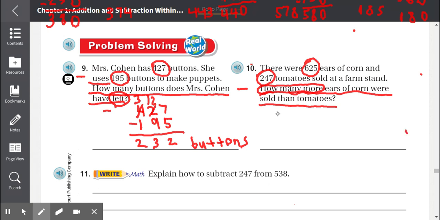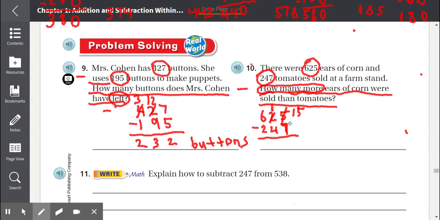So there were 625 ears of corn and 247 tomatoes. So let's do the math and find out how many more were sold. So we always put the bigger number at the top. So 625 minus 247, 5 minus 7, we can't do that. So we have to borrow from the tens place. This 2 becomes a 1, and this 5 becomes a 15.